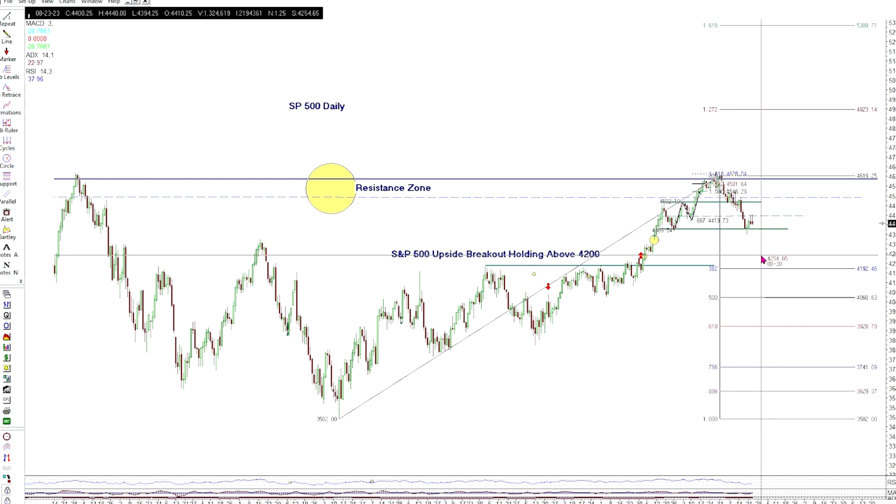Expect doesn't guarantee support, but my expectation is that we see some support in this area and possibly a nice rally off of it. Now, that doesn't mean that we're going to come up and exceed those highs yet. We really have to see what the overall market conditions look like if the price is able to get down this far. If it holds support, they may offer it as a very good buying opportunity. So I will be watching that area.